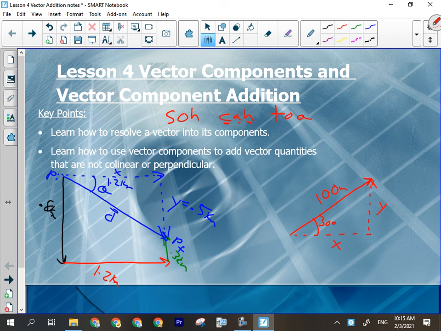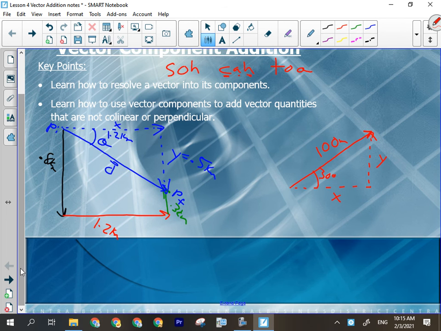So if I wanted to find x, I would say that the cos of 30 degrees, that's my angle, equals x, the adjacent side, divided by the hypotenuse, 100 meters. To figure out what x is, all I do is take the 100 and multiply it over to this side.